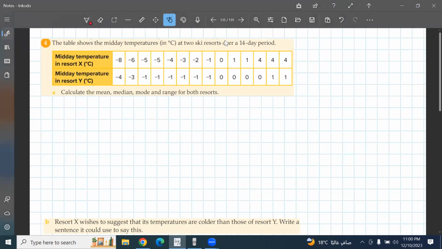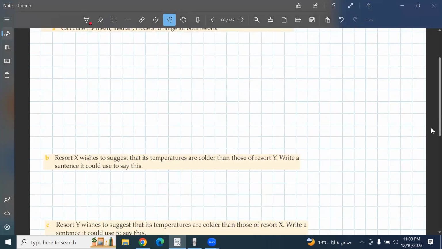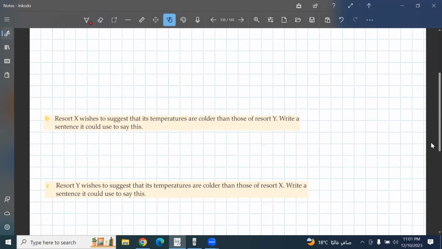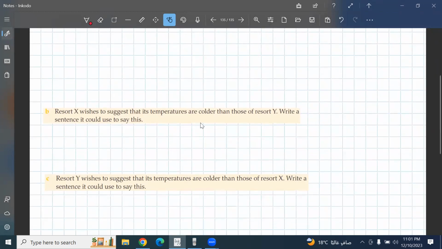If I go down here, they say resort X wishes to suggest that the temperatures are colder than those of resort Y. Write a sentence it could use to say this.